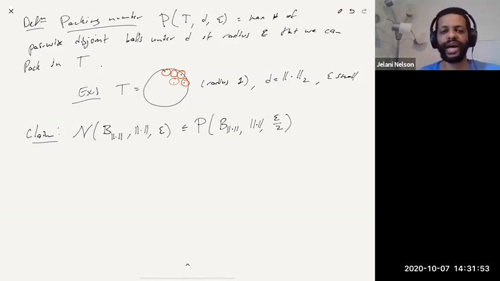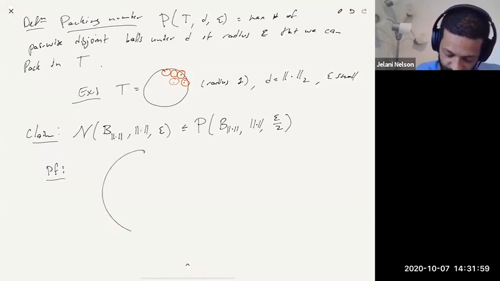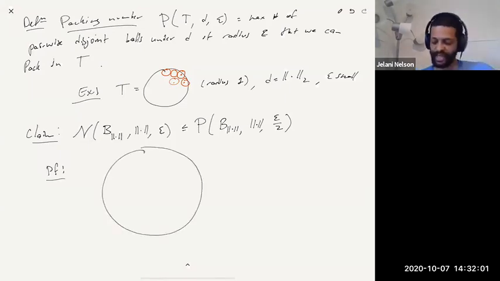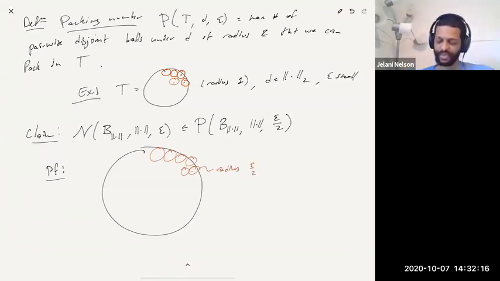Okay, so why is that true? Let's take that ball and pack as many radius epsilon over 2 balls as we can. Take a maximal packing. Each one of these has radius epsilon over 2.